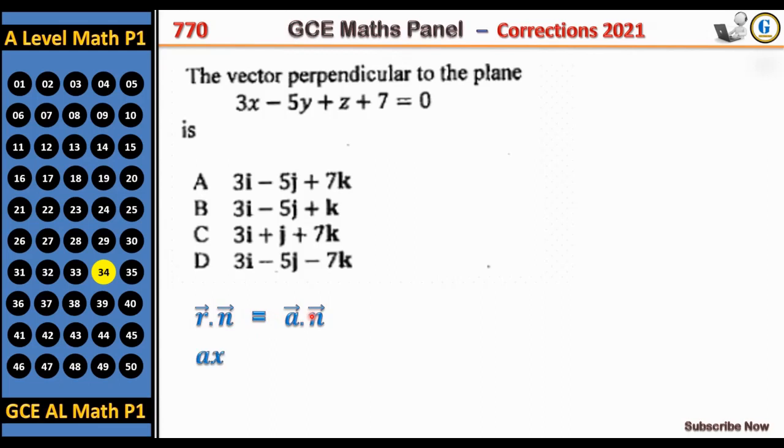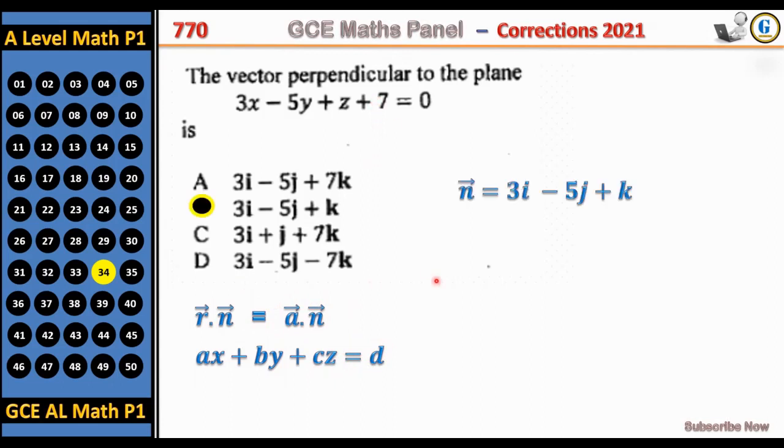And since r is x, y, z, this can be written as ax plus by plus cz equals d. This d is when you bring the A dot N to the left hand side, or when we leave it on the right hand side, and our d in this case should be minus 7.